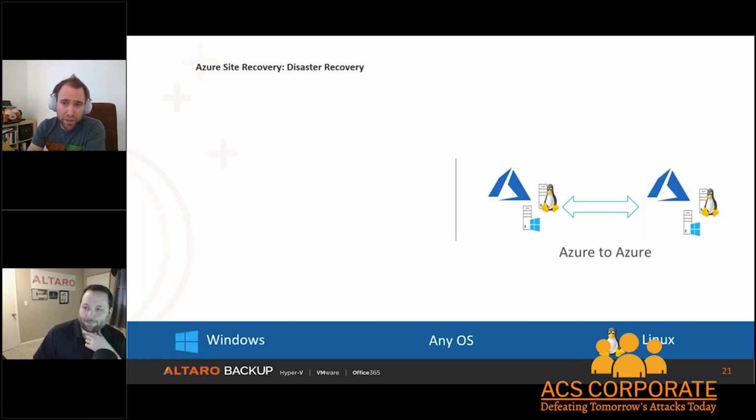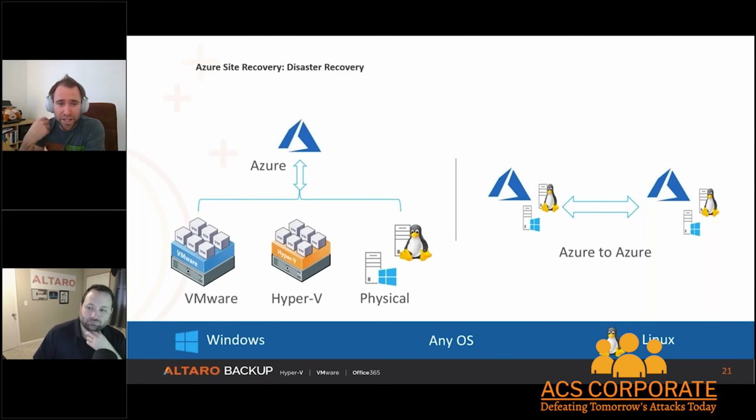However, what Azure Site Recovery comes from, for those who already knew about it, is that it was enabled to have on-premises workloads replicated to Azure, right? It doesn't matter if you have VMware, Hyper-V, or physical servers. You can replicate those to Azure and use those as a failover site for Azure.